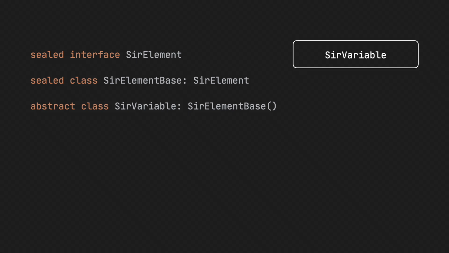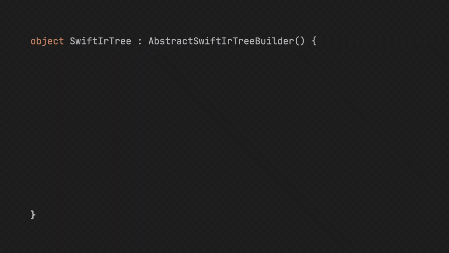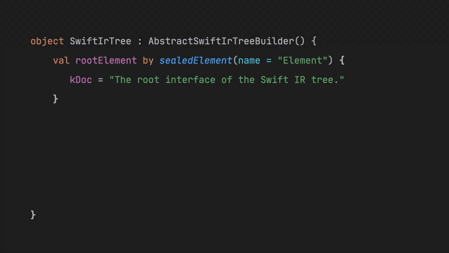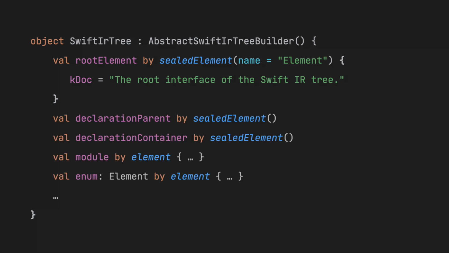Inside of the Kotlin compiler, you could get an idea of all the elements that are in there by looking at the Swift tree. This is in the part of the Kotlin compiler, the Swift IR tree, and you can see there we have our root element right there, and we also have other declarations, other elements that are part of this. You have an enum, a module, a function, everything that we just looked at. In the Kotlin compiler, you could generate a tree from this.